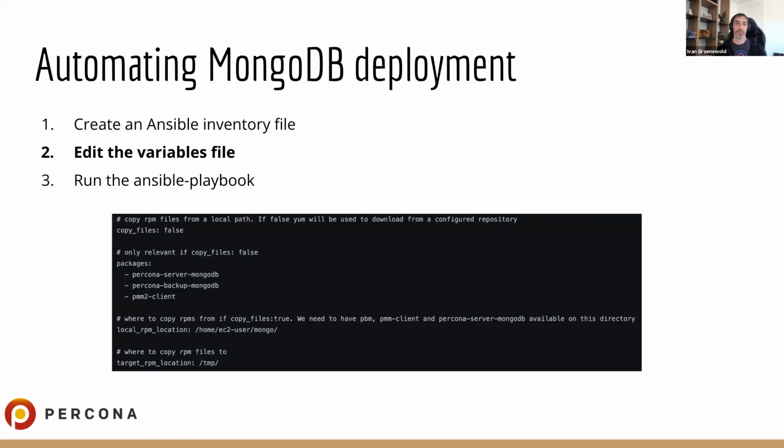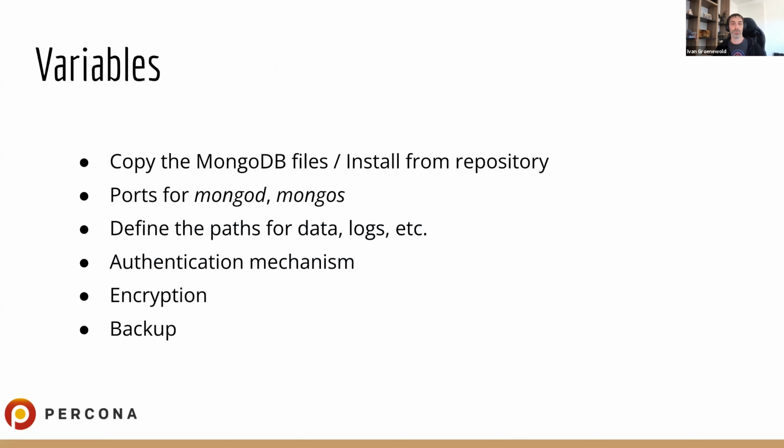So let's talk a bit about the variables file. And remember that this file will contain all the user modifiable parameters. It looks pretty much like this. Of course, this is an extract only, but the idea is you'll have all the different variables with the structures that we saw, like, for example, the simple variables or the dictionaries. And the idea is we're going to define things here, like, for example, what is the source of the files, if we're going to copy them over from somewhere, or we're going to install them from a repository.